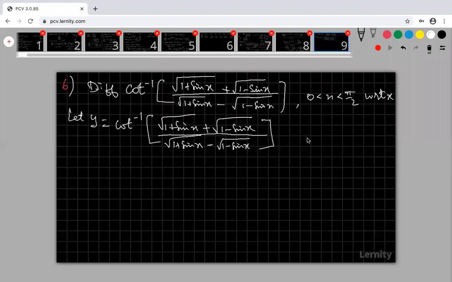How to differentiate this? Any idea? First of all, look at that.